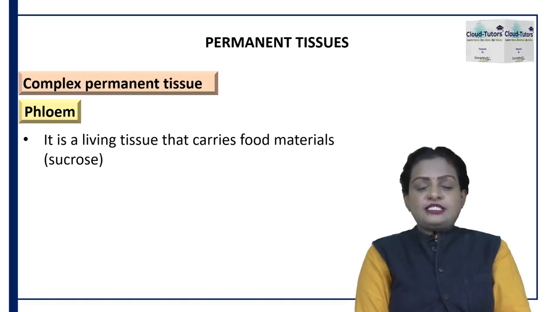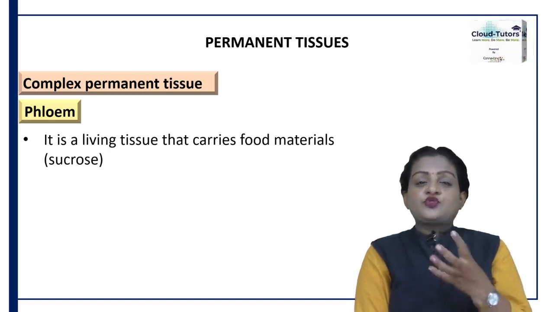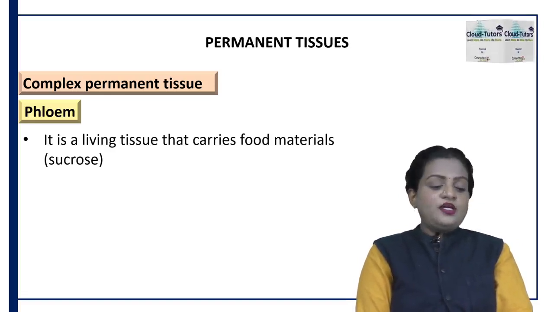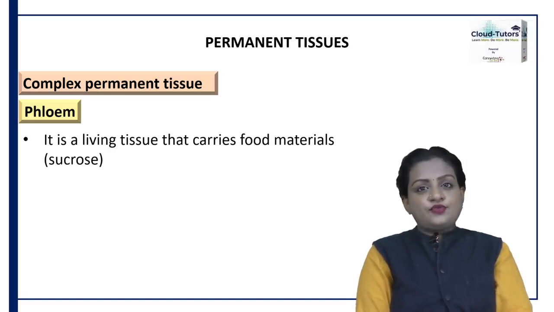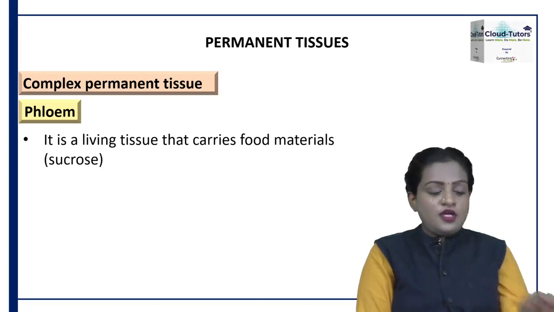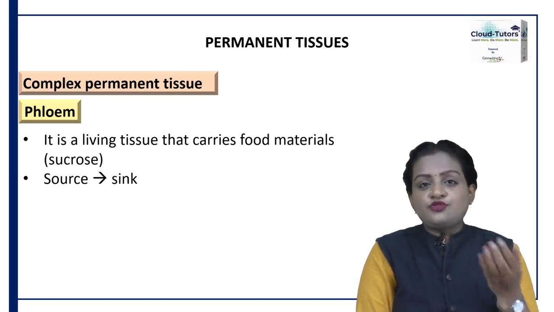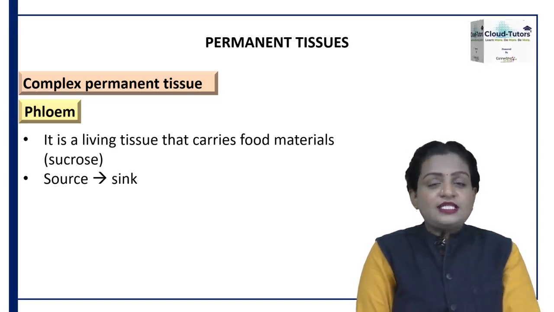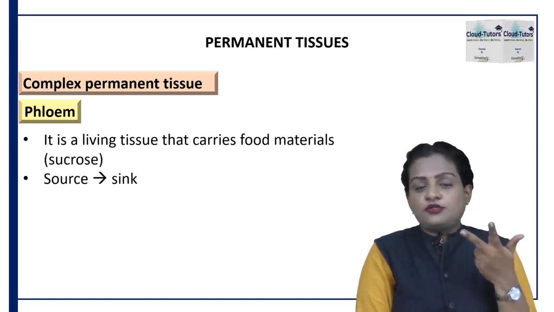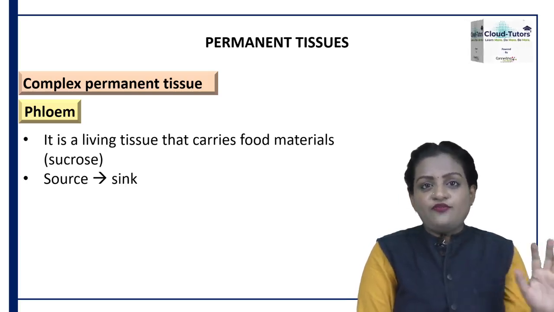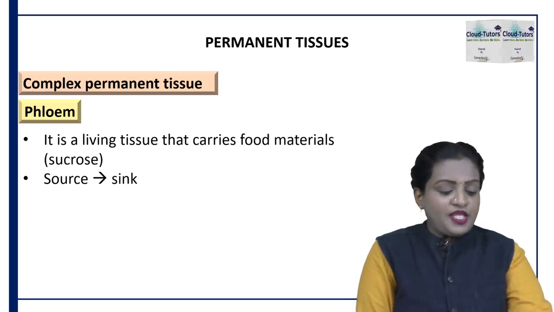Once transportation is done, the storage form of photosynthetic product is starch. So phloem carries sucrose from its source to the sink. That is, source is nothing but leaf. It is produced in leaf, and sink can be anything. It can be fruit, flower or root stem. Wherever the energy is required, they will transport the food to that part.